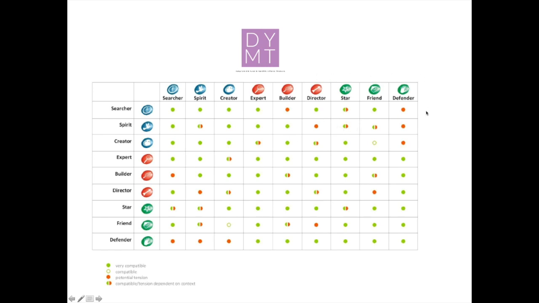So somebody who has defender, which is all about security, as their highest, working with someone who has searcher, so making a difference and having a purpose, or freedom and independence even, or as you can see, creator, which is all new things, then there could be potential conflict and tension.